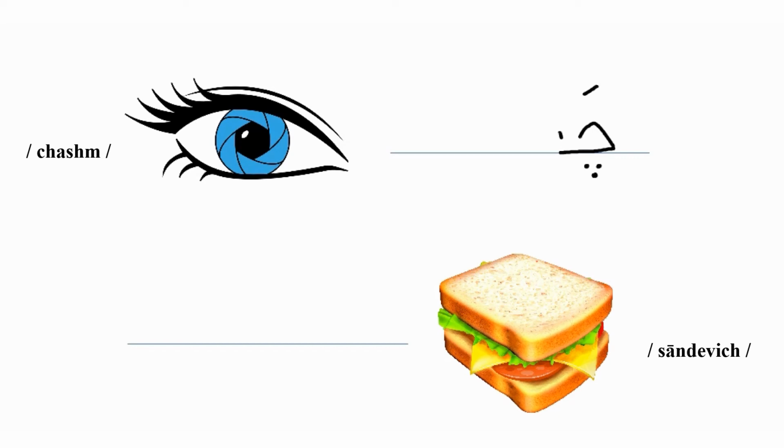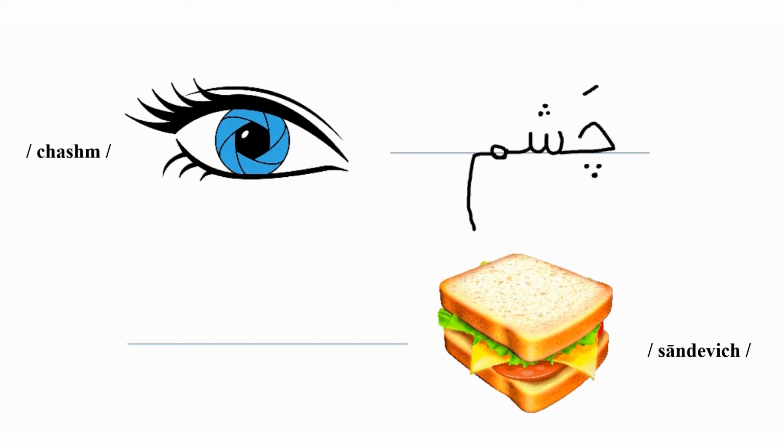Then here we have she, chash, with 3 dots. And finally we have me, chashm. So the next example is very international. Can you guess? Yes. Sandwich. Sandwich.